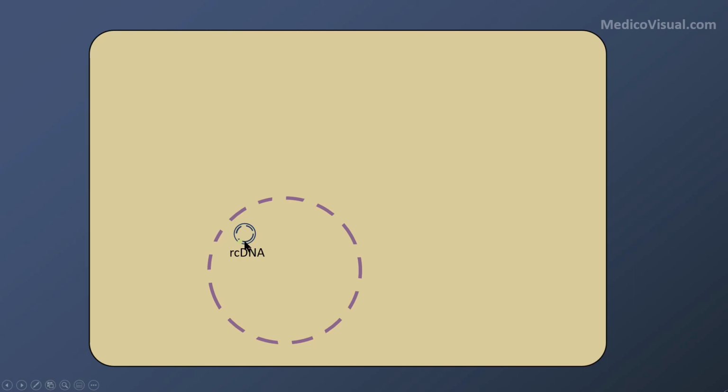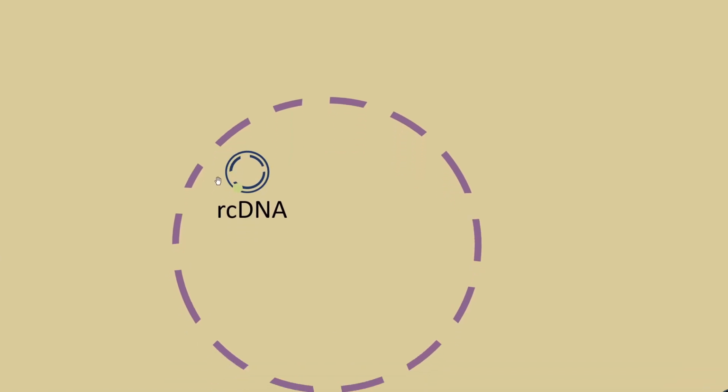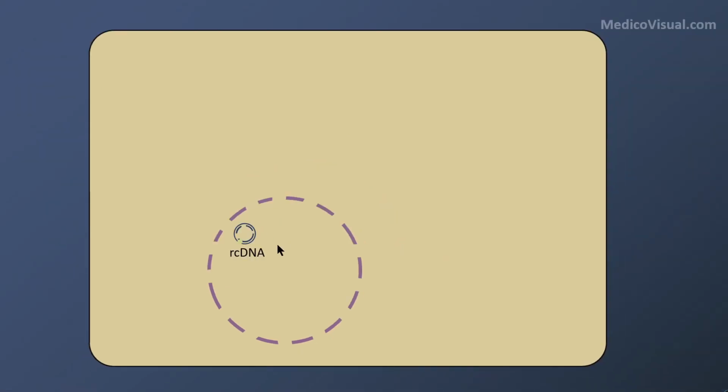But here one thing I would like to mention is that this partially double-stranded DNA is of course circular DNA, and these two strands are not tightly woven around each other. These are loosely present. That's why it is called relaxed circular DNA or rcDNA, right? So through DNA repair mechanism, this rcDNA is then converted into covalently closed circular DNA, or cccDNA, right?